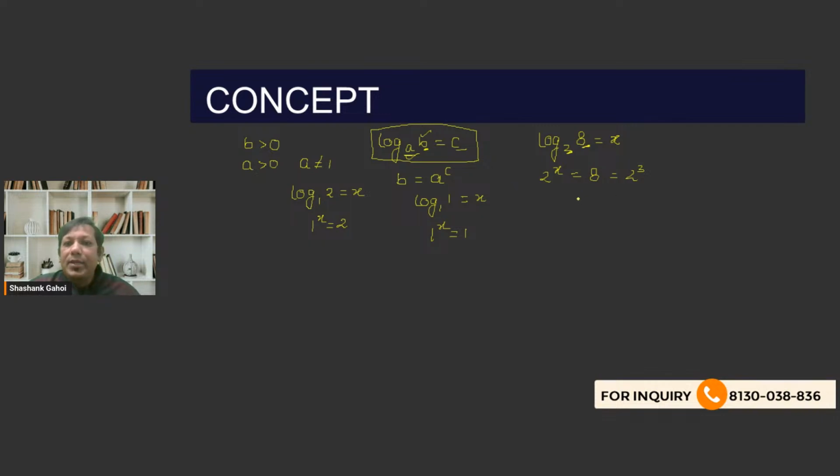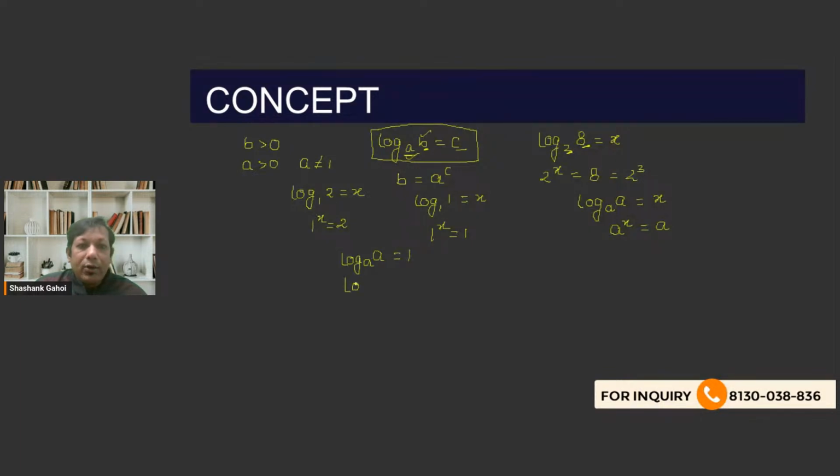Now let's try to understand a couple of formula of this. If I'm saying log base a of a is equal to something x, I can say that a power x equal to a, it means x equal to 1. So basically log base a of a is equal to 1.